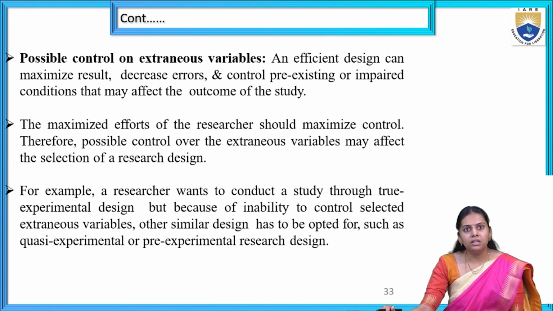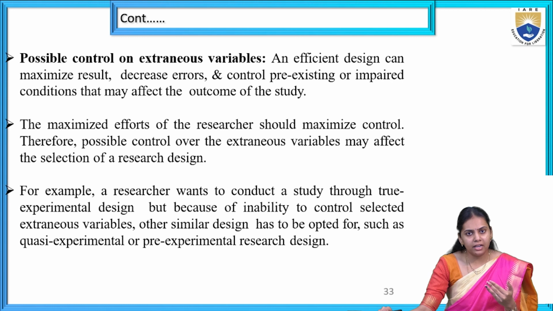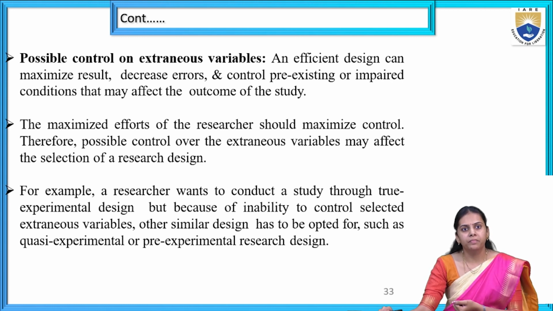Next, the possible control on extraneous variables. An efficient design can maximize the result, decrease the errors, and control pre-existing or impaired conditions that may affect the outcome of the study. The maximum efforts of the researcher should aim at maximum control.